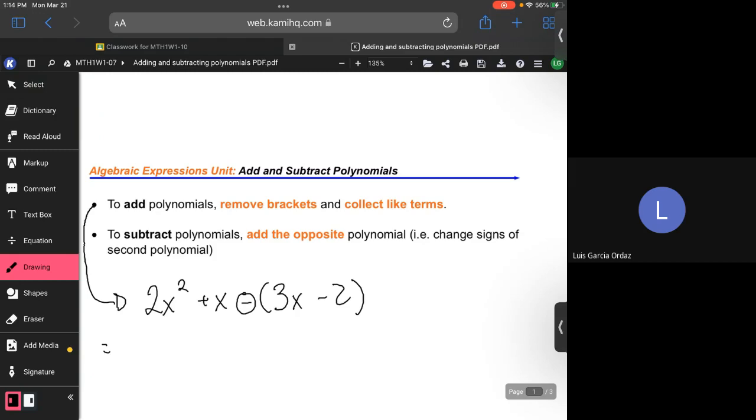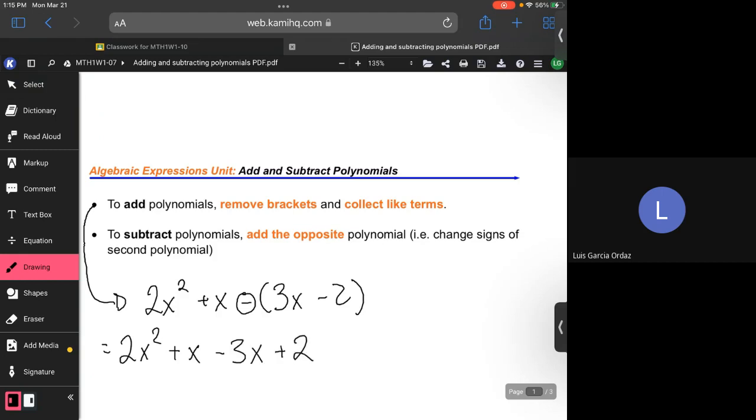Are they going to stay the same or are they going to change? Kareem, they're going to change. So my positive 3x becomes what? And my negative 2 becomes? Which is positive 2. So this becomes 2x squared plus x minus 3x plus 2.